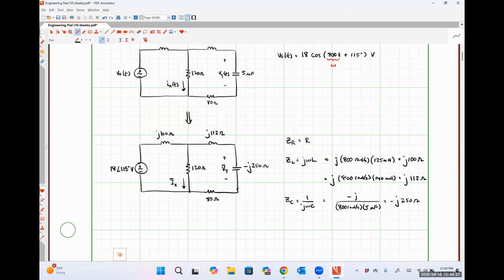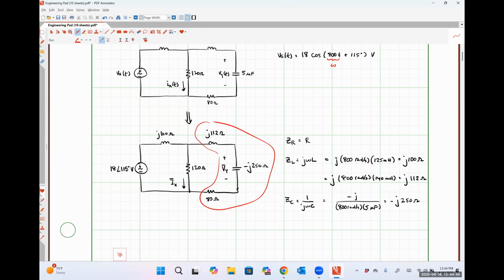We could also do effectively a modified nodal analysis. So essentially, if I treat all three of those elements on the right as a single impedance, I could figure out what the voltage drop across the 120 ohm resistor is just by doing KCL.